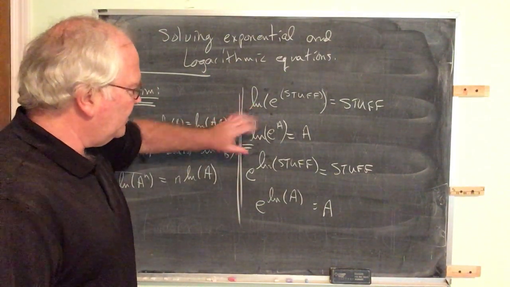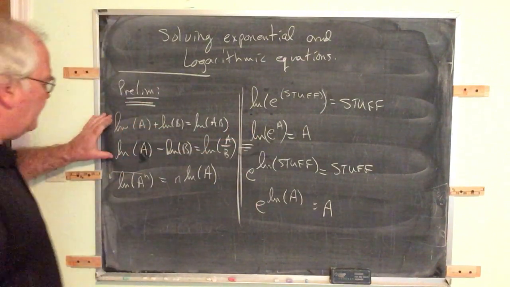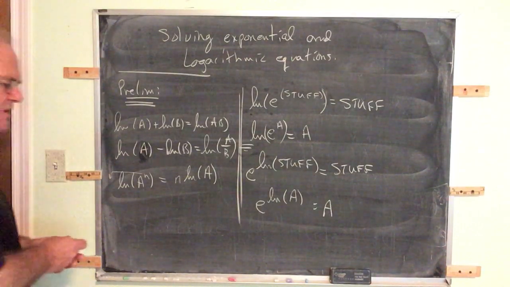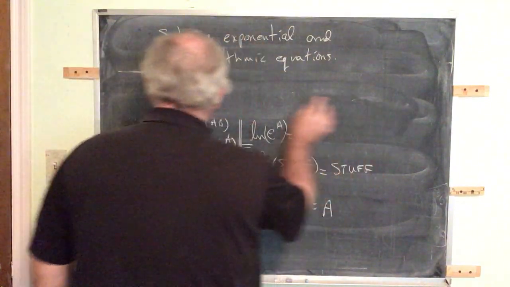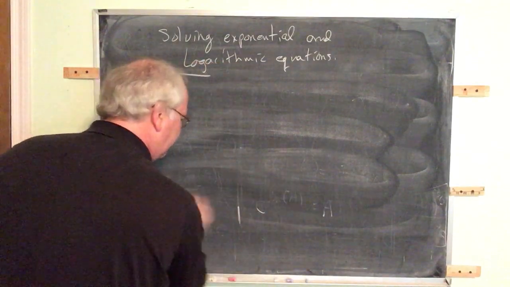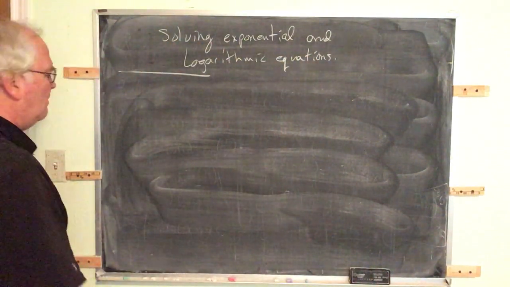So we have the inverse function properties, and we have the ways to combine or decompose logarithms with the three basic properties of logarithms. Now, one last little piece. I want to review something that I think you all know, but we're going to be using it in a slightly different, maybe a little unfamiliar way.